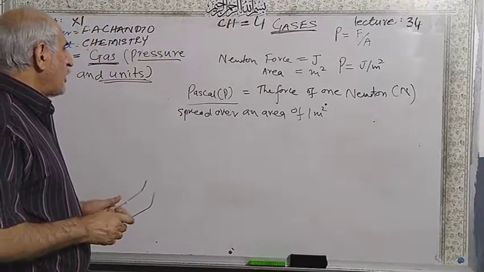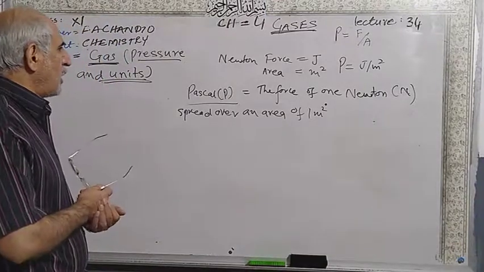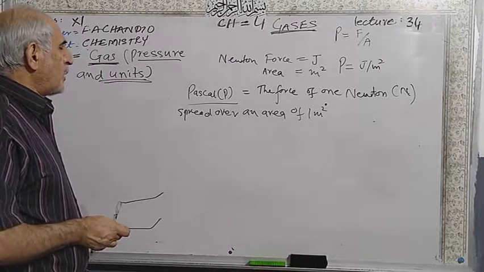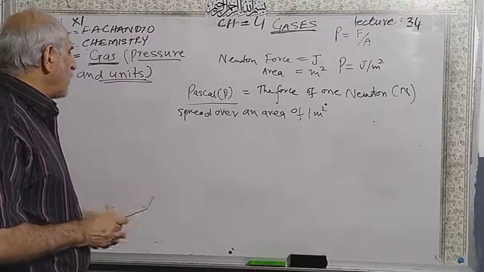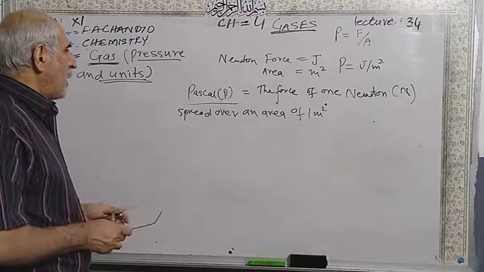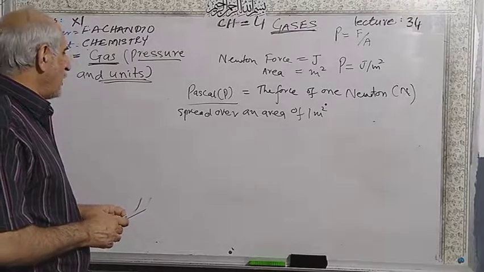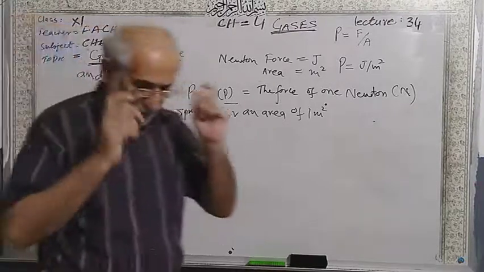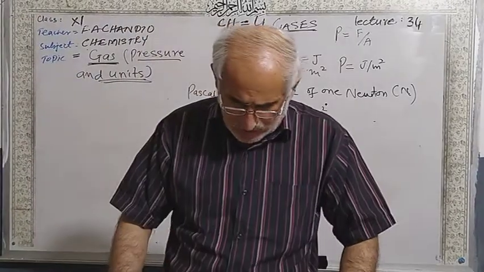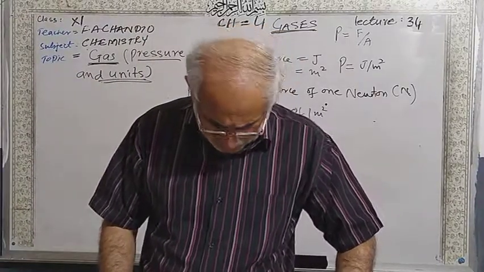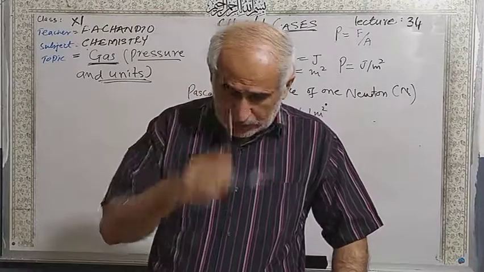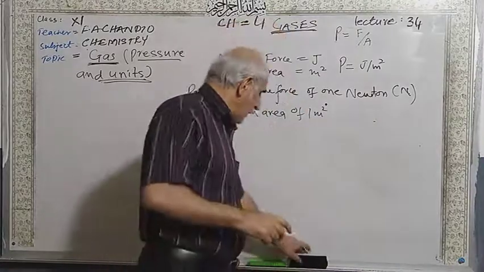So there are many units we have defined. This is only one or two. Joules per meter square, and there is another very important unit, Pascal. The force of 1 Newton spread over an area of 1 meter square is called Pascal. So there are the units. You heard about that. There are many units.